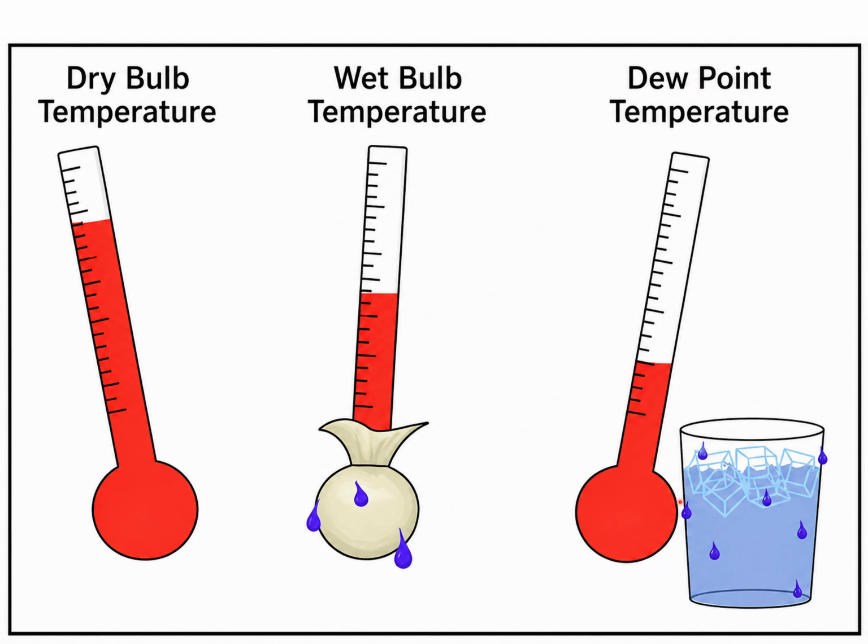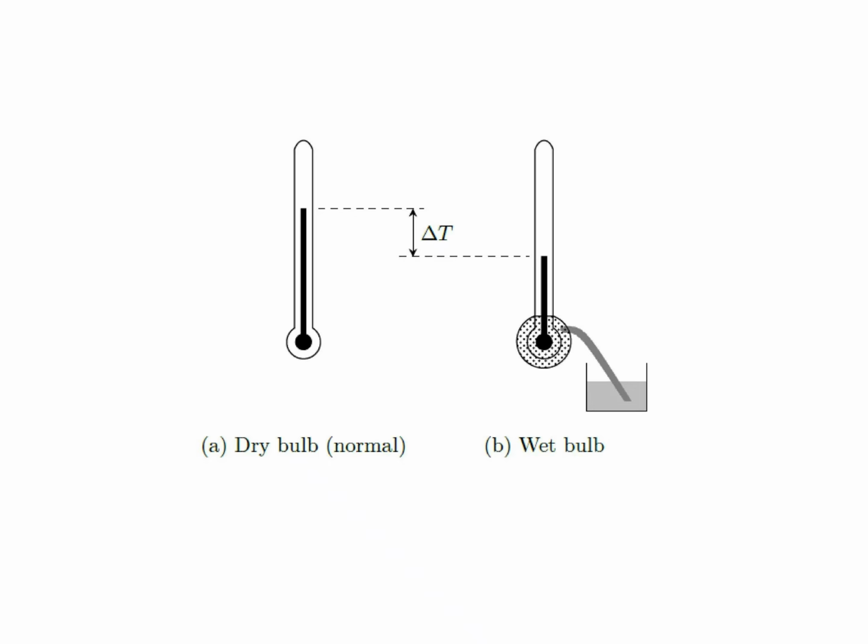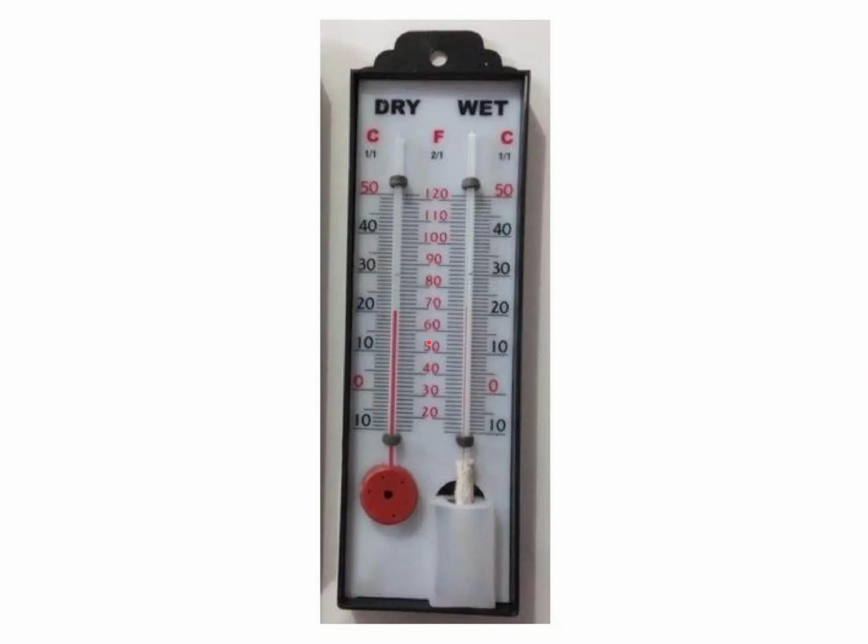We can see that sometimes dew is formed when we keep it in contact with an iceberg glass, and then you can measure the dew point temperature. So these are the basic differences. This is the actual thermometer for dry and wet bulb temperature measurement.